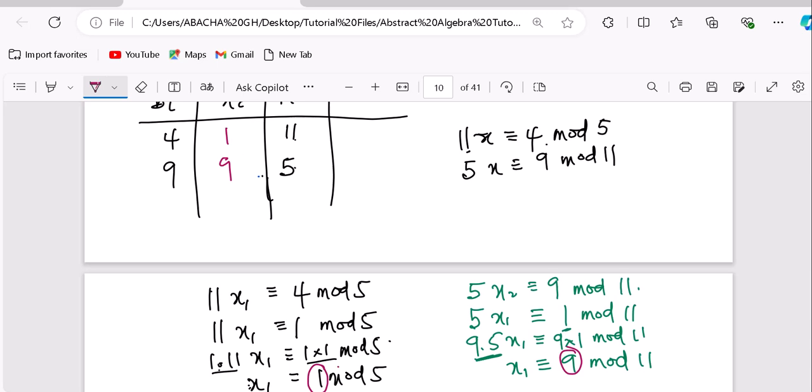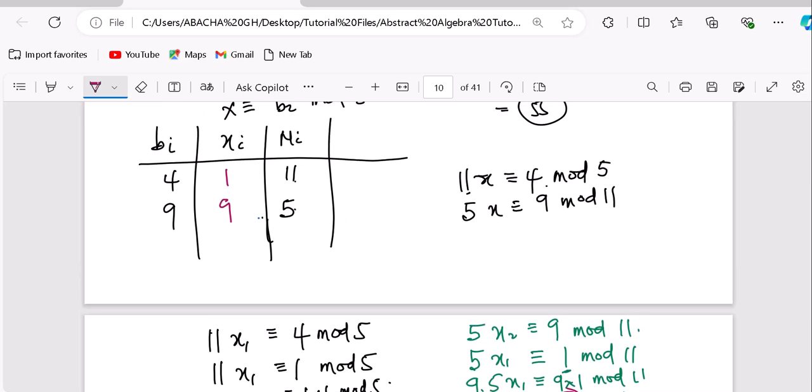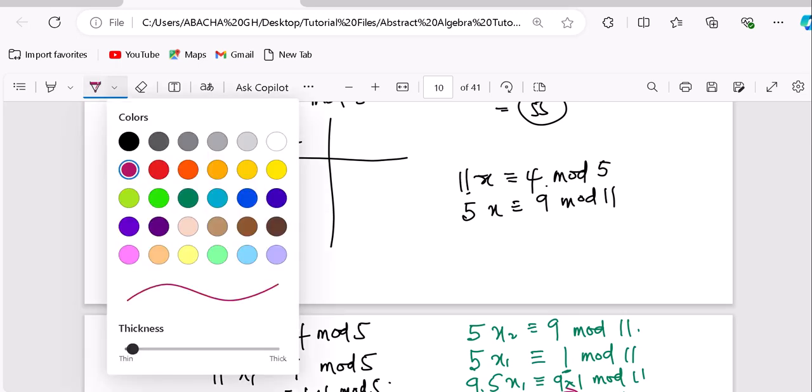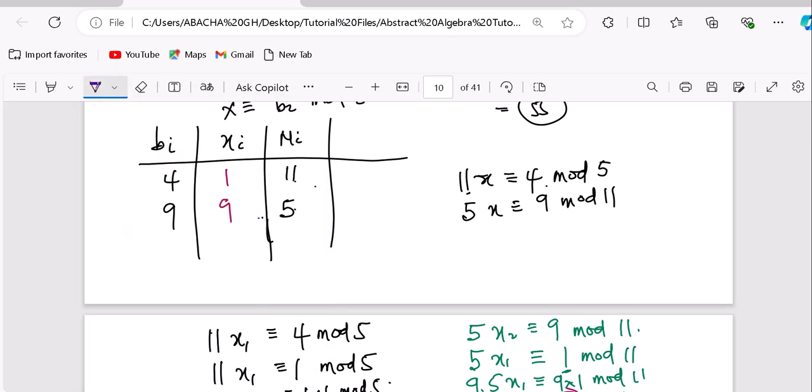Now I'm going to multiply each of these across. If I multiply, I'm getting 44 here. Now I'll multiply this one, and if I multiply, I'm getting 405. Now I then sum them.